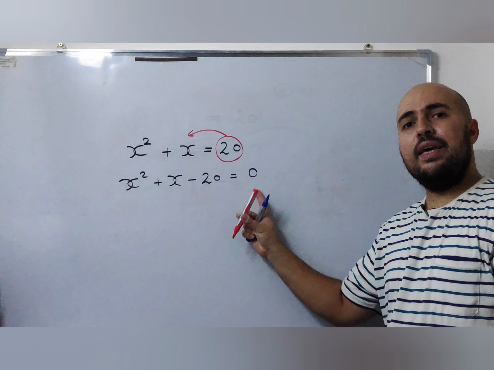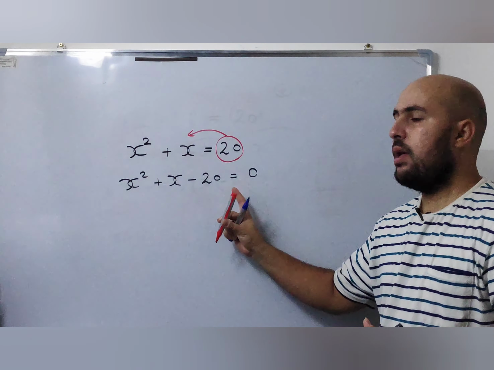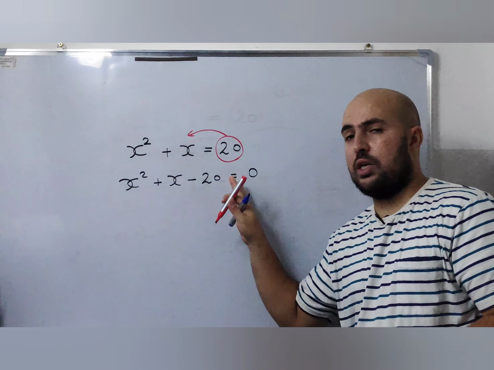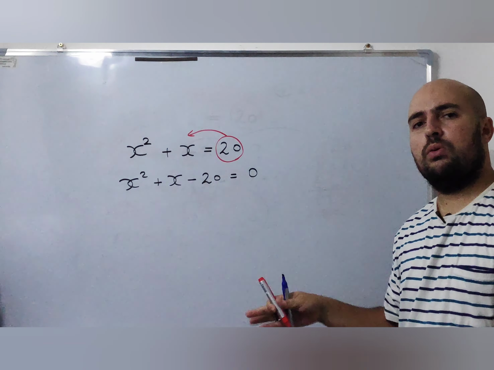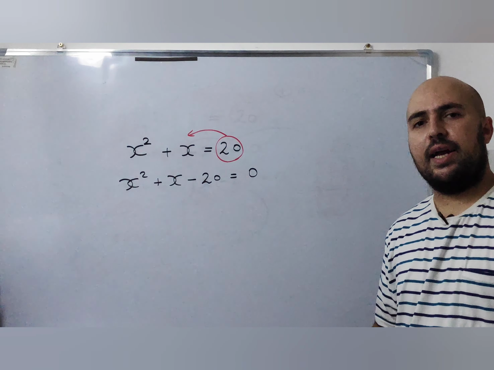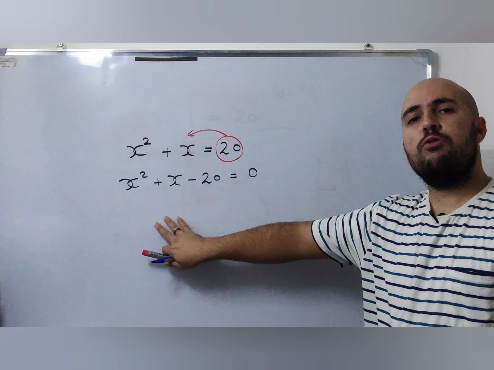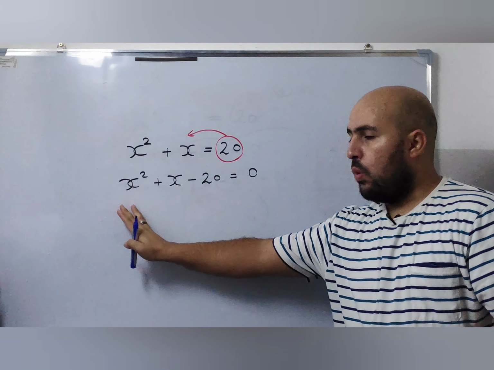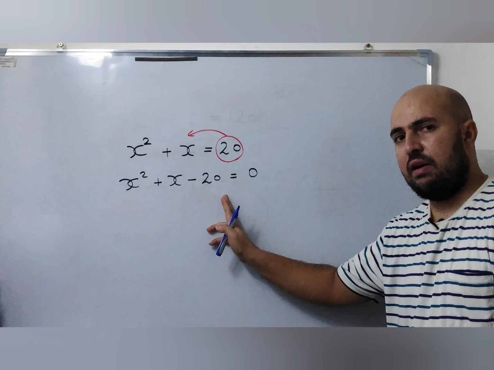Now, with equals 0 here, we're going to solve the equation using this idea. Before solving the equation, we have to factorize this expression alone. After that, we're going to solve it and make it equal to 0 and find the values of x. To factorize this expression, as we said before, if we have three elements, the first one is squared, the other one is not, and the other one doesn't have a variable.